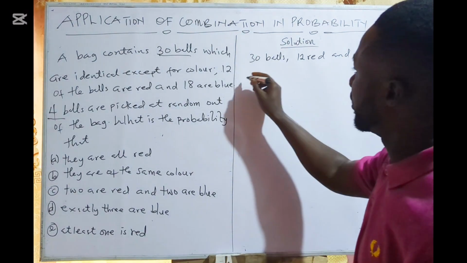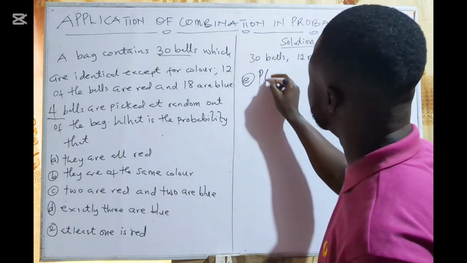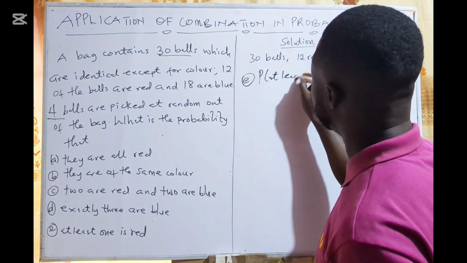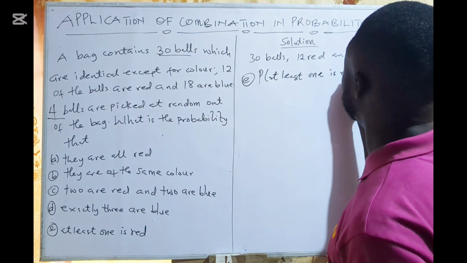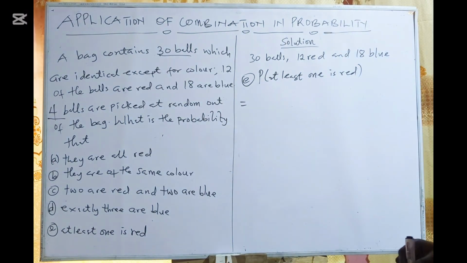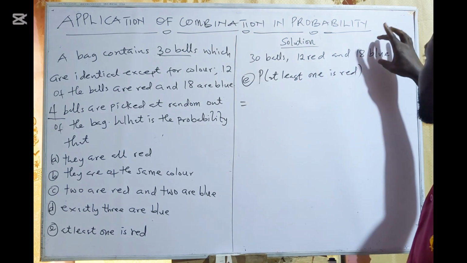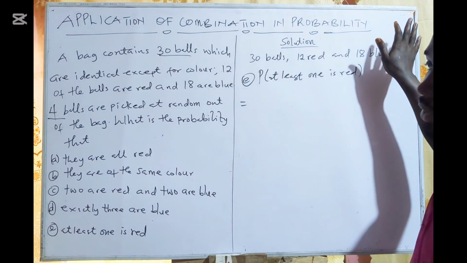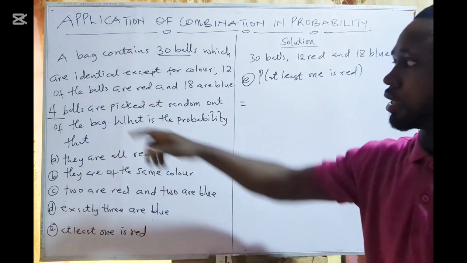So now let's solve the question. Probability of at least one is red. So at least one is red. Then it can be that we have one red and then the blue are 3, because the selection is 4.